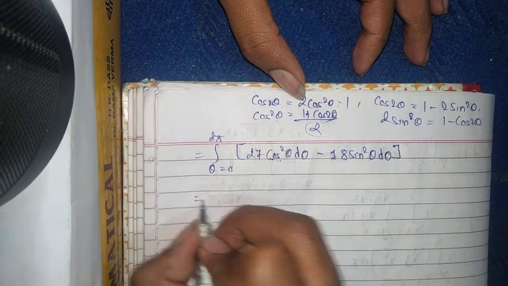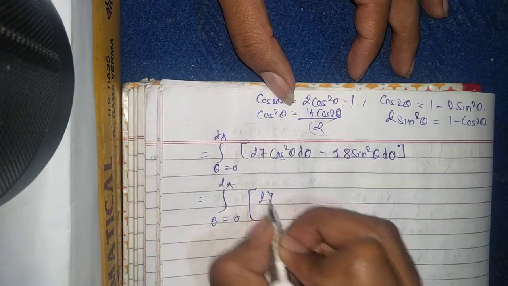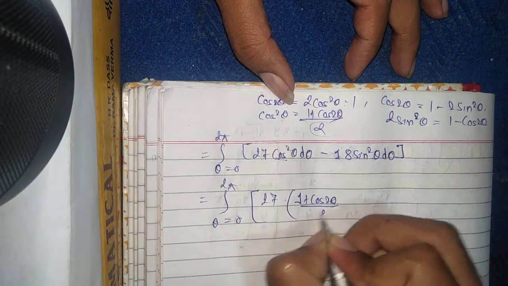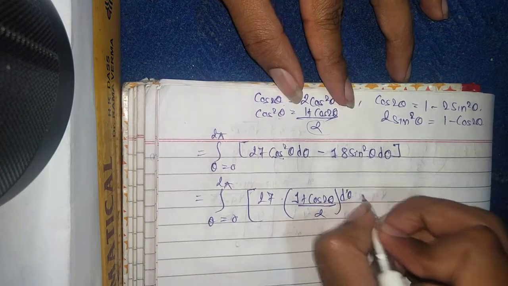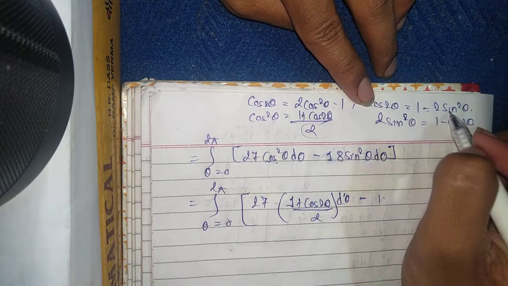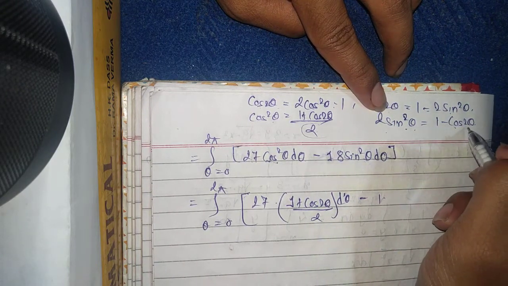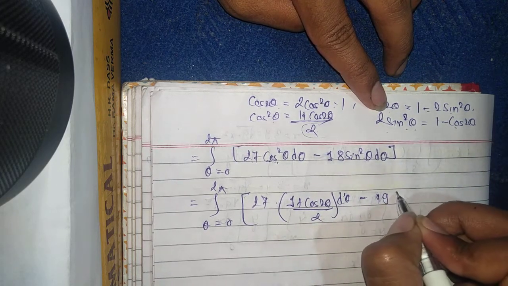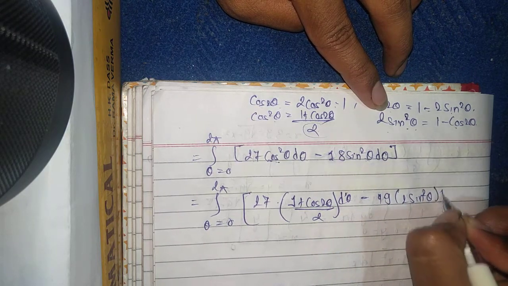Substituting it, we get the integral from theta equals 0 to 2 pi of 27 times (1 plus cos 2 theta) upon 2 d theta minus, we know that cos 2 theta equals 1 minus 2 sin squared theta, and from here 2 sin squared theta equals 1 minus cos 2 theta, so we can write 9 times 2 sin squared theta d theta.